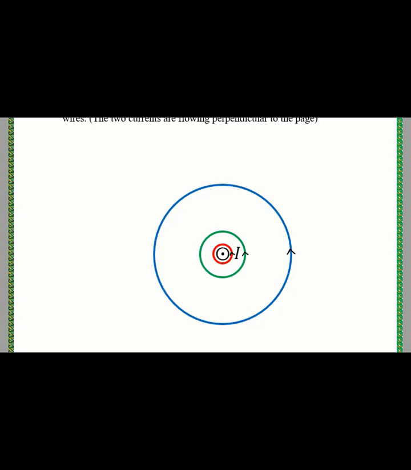This is the direction of the magnetic field, and here to the left, here it is down, and here at the bottom it is right, same as this here, here and here.